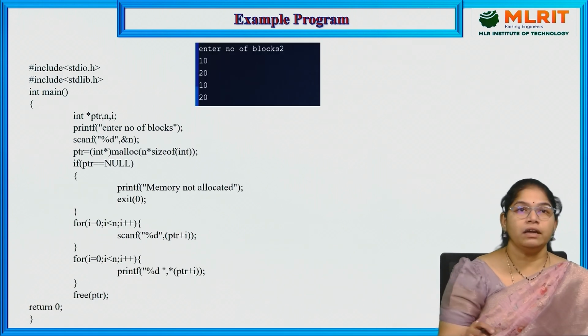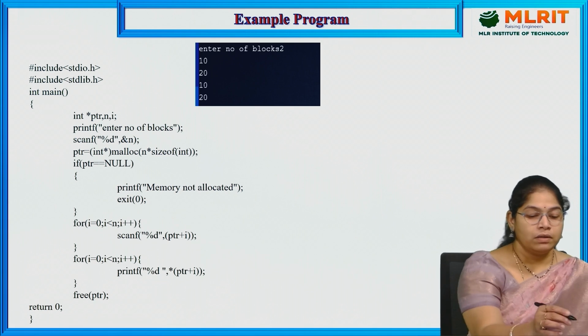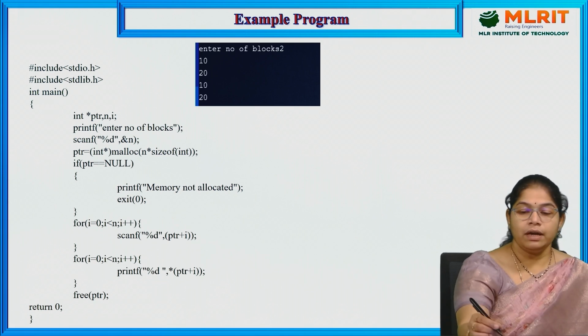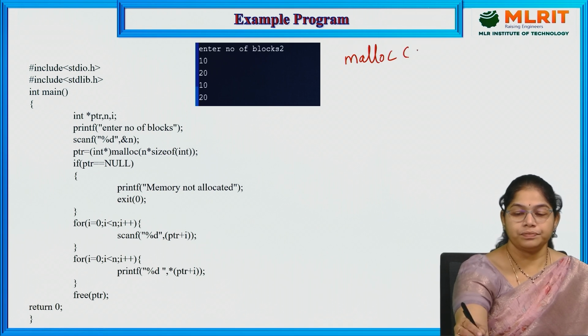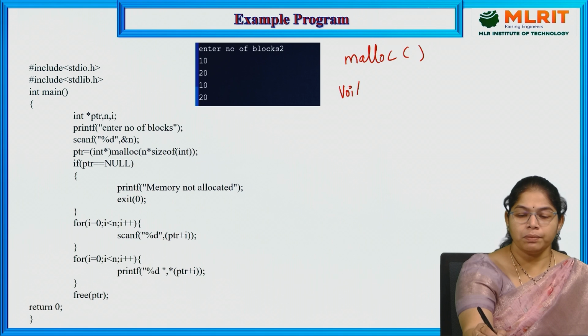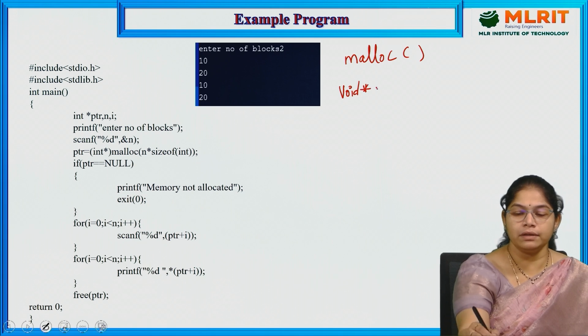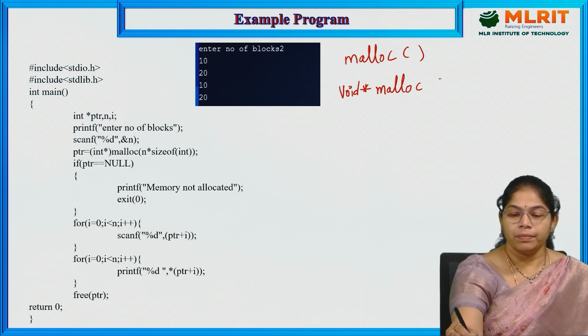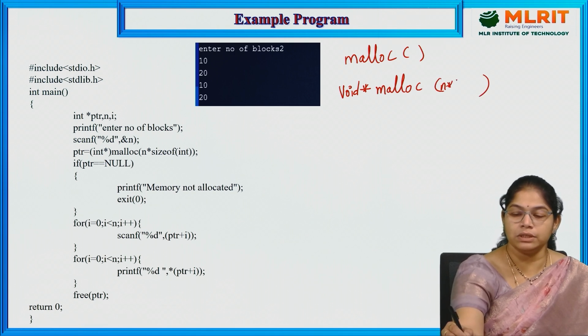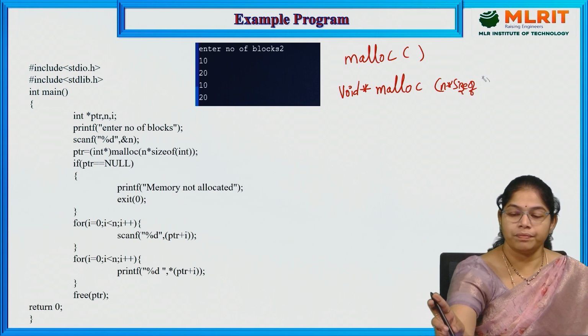Then here we have an example. I am allocating memory dynamically using a function called malloc. The syntax of malloc is void pointer, then the function name, then number of blocks into size of int.